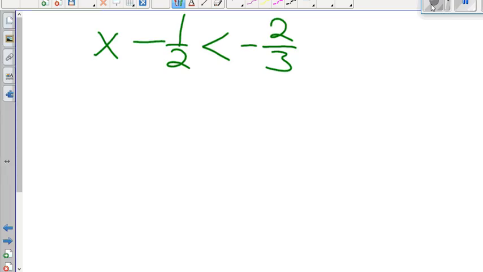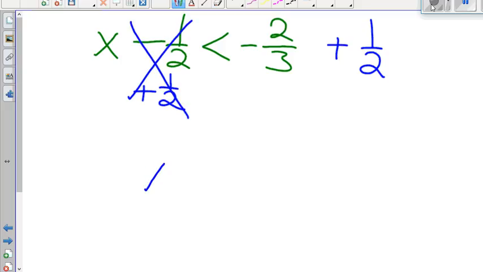All right, so we have our problem set up, and once again, we're just going to follow our rules of equality. We have a negative 1/2, so we're going to add a 1/2, doing the opposite, inverse. And if I do it to one side, I have to do it to the other side. As I look at this, these are going to cancel each other out, and we're going to be left with x alone on this side, and it's going to be less than.